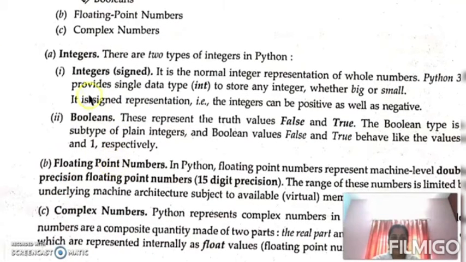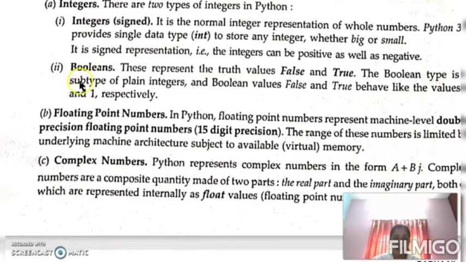So, first data type, integers. In integers, there are 2 types: integers and booleans. Integers use the keyword int. Whether the data is big or small, for the purpose of integers, we use int.